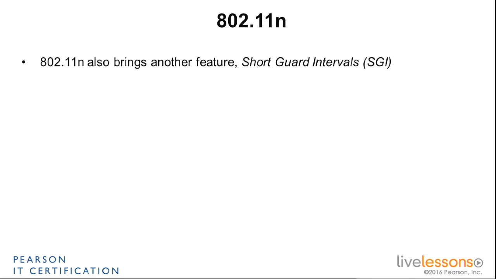So to understand what this does, let's rewind a little bit. When you send an OFDM symbol, in fact, the symbol itself lasts for 3.2 microseconds. But the time between one symbol and the next one is 4 microseconds, which means that you have 3.2 microseconds of useful data and 800 nanoseconds where there is no useful data.